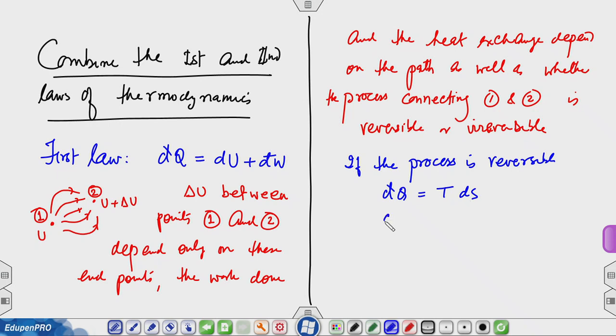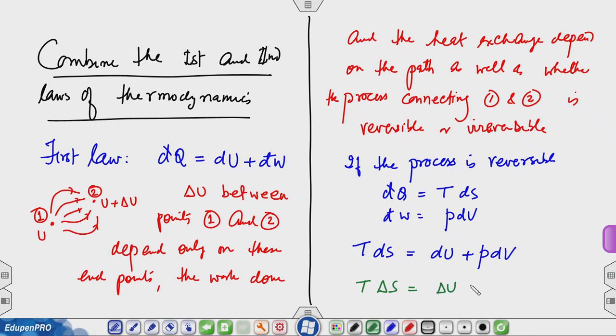And the work done is p dv, or if you have some other variables of the system in terms of that, whatever it is. And if you do that, what you get is t ds equals du plus p dv. Just to write in terms of delta, let me just write this as t delta s equals delta u plus p delta v, where all these delta terms are infinitesimal.